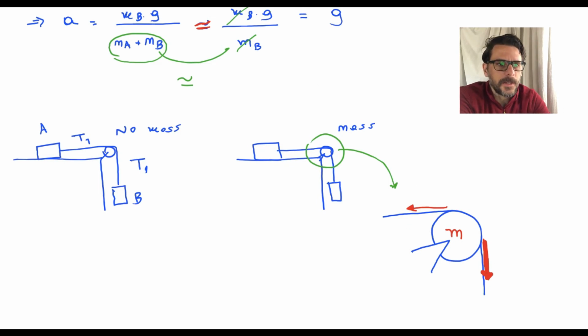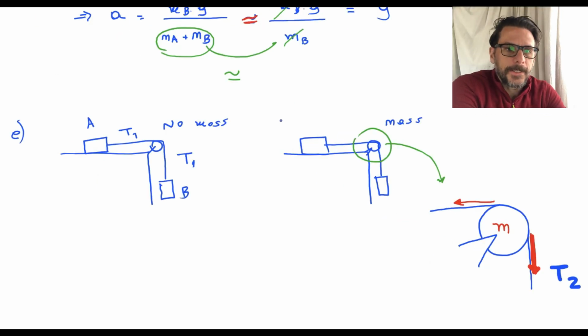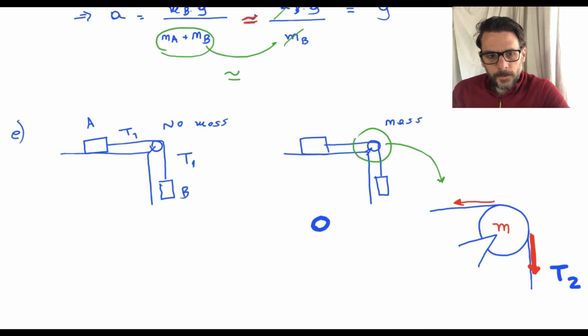The problem states that this is called T2. Now, a key element that we must identify to be able to describe what's happening in here is the following. The acceleration in a situation in which the pulley has mass will be smaller than the acceleration in the situation in which the pulley had no mass.